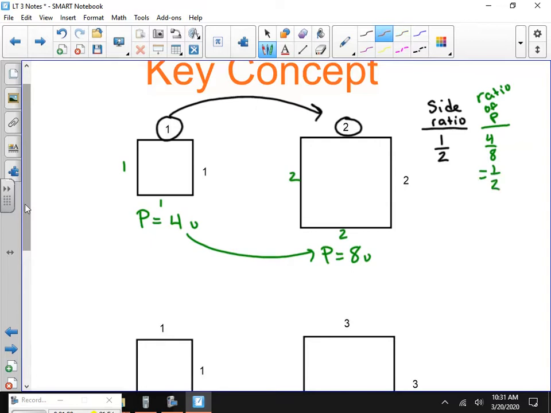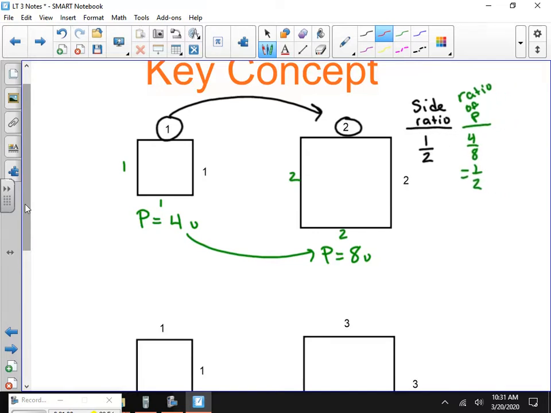And then we're going to do the ratio of the area. Remember, for a square, it's base times height, so I'm doing 1 times 1, which is 1 unit squared.